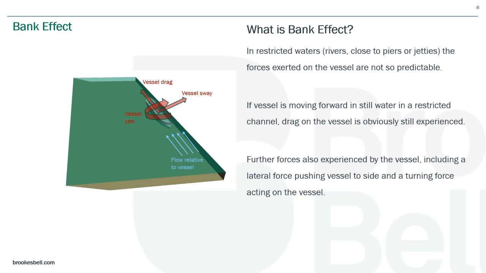But you also have other forces starting to come into play, which act in the lateral direction. This is known as vessel sway force. And you also have a twisting force that acts to turn the vessel off its course, which is known as the vessel yaw moment. And it's these two forces, the sway force and the yaw moment, that we typically associate with bank effect.